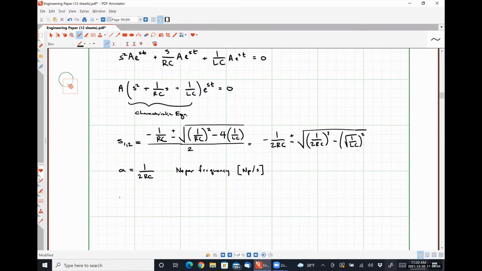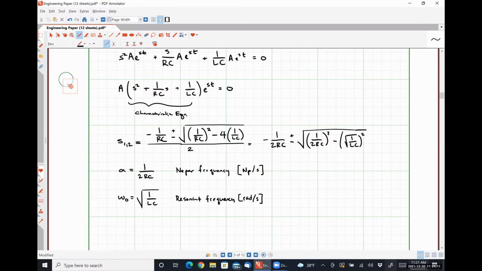We can also define a term omega naught, which will be the square root of 1 over LC, and this will be the resonant frequency of our system measured in radians per second, where radians is again a dimensionless quantity.